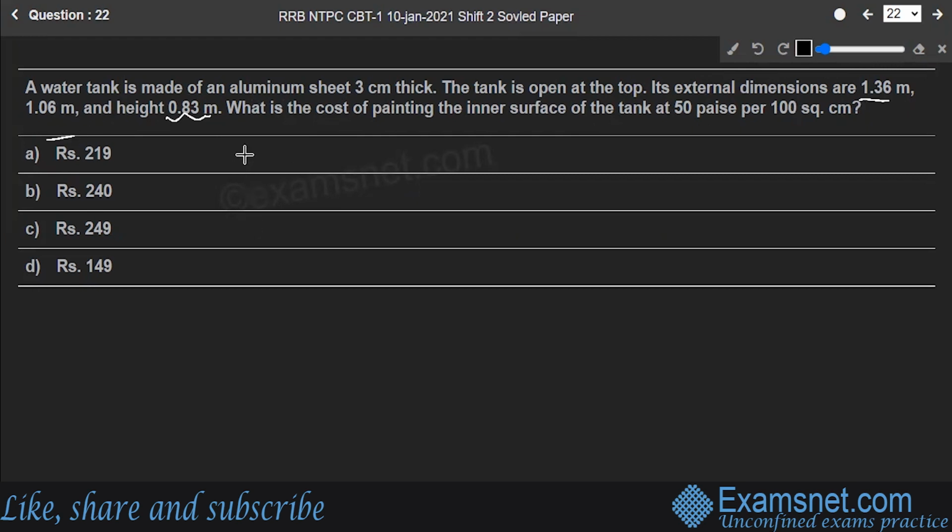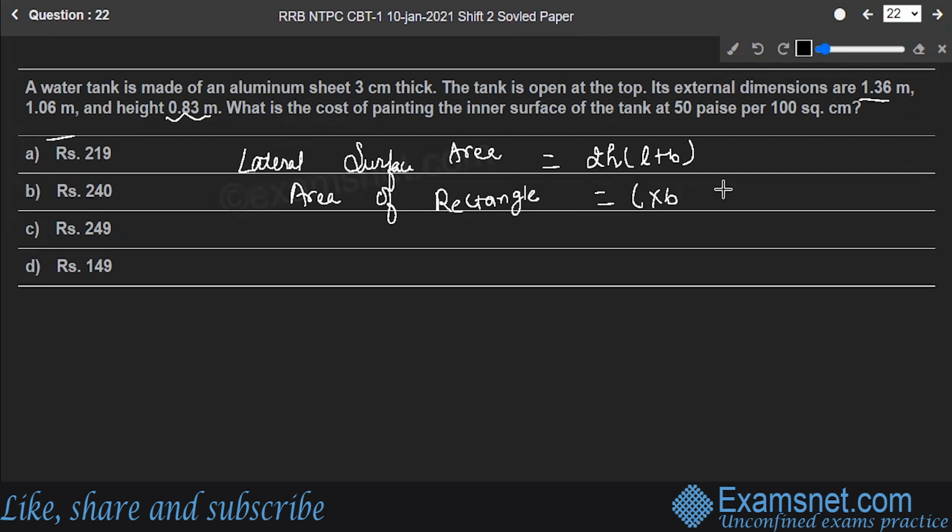So we have to find out, first of all, the lateral surface area. The formula is 2H(L plus B). Also, the area of a rectangle is length into breadth. Now imagine a water tank is somewhat like this.